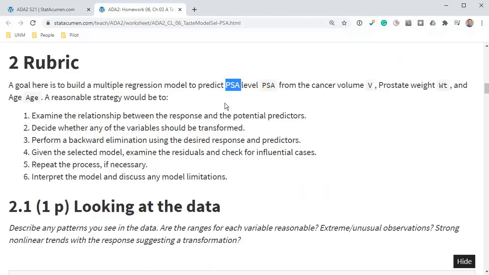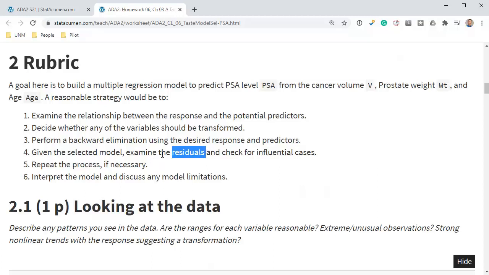Examine the relationship between the variables, decide whether we need transformations, see what other features we see in the data set, then fit a model, use backward selection to reduce the model to the vital few variables that help predict PSA. Make sure that models fit the model assumptions throughout, and check for influential cases.